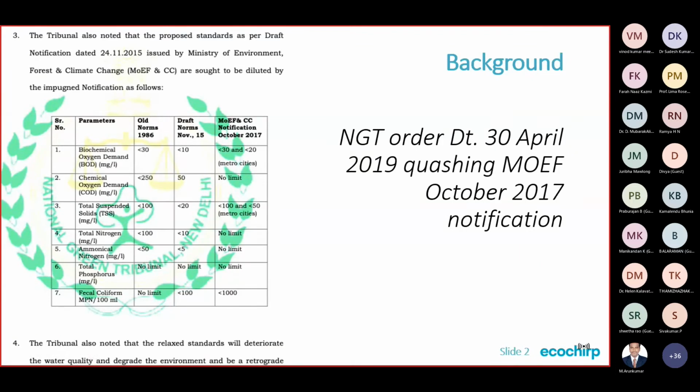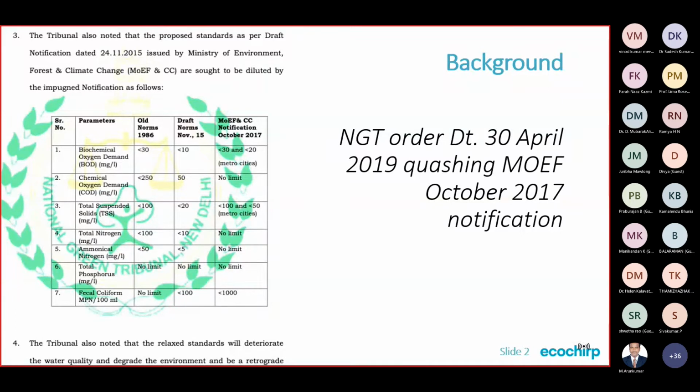Total nitrogen has to be less than 10, ammoniacal nitrogen less than 5, and total phosphorus, in fact, the NGT says less than 1 ppm. Although no pollution control board has now implemented phosphorus control, in Karnataka, the KSPCB has already introduced total nitrogen and ammoniacal nitrogen control. Maharashtra is the next state which has introduced this.